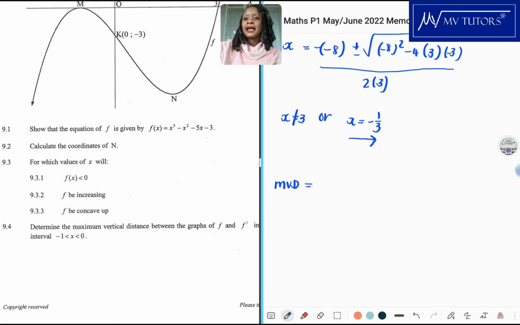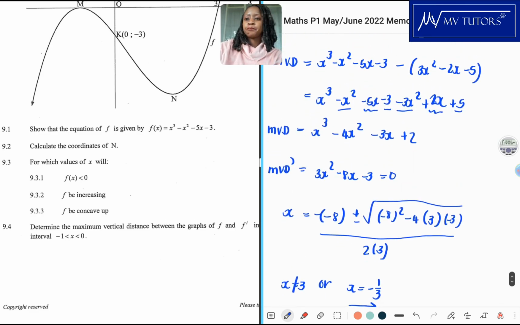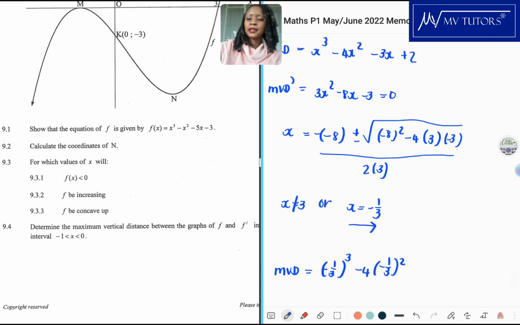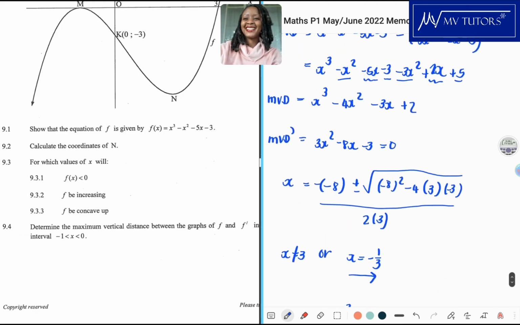And what is our MVD equation? It's x cubed, so this will be negative a third cubed, minus 4 times negative a third squared, minus 3 times negative a third, and then plus 2.